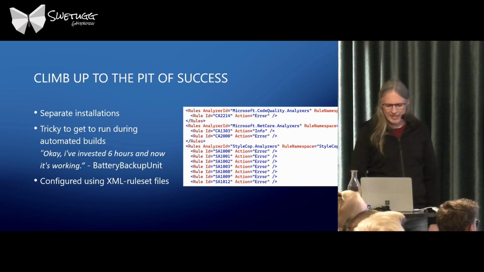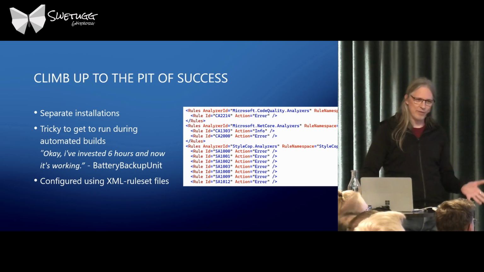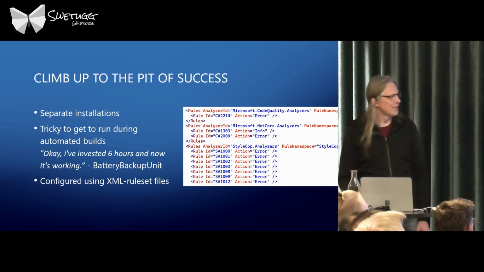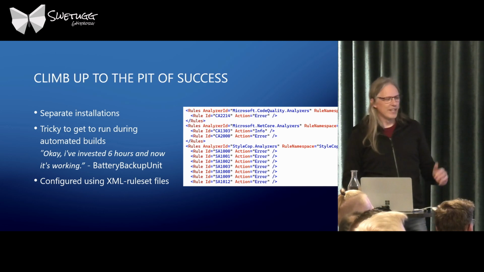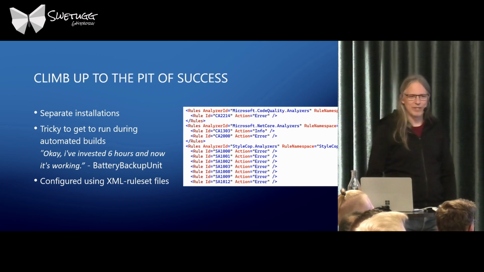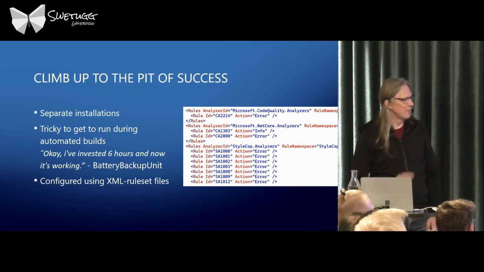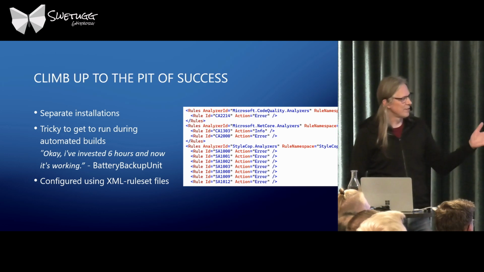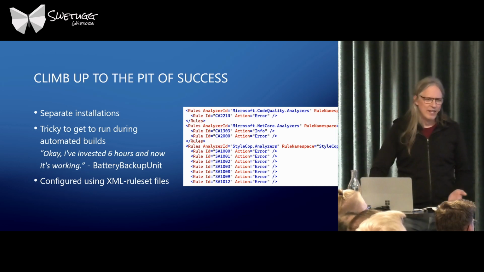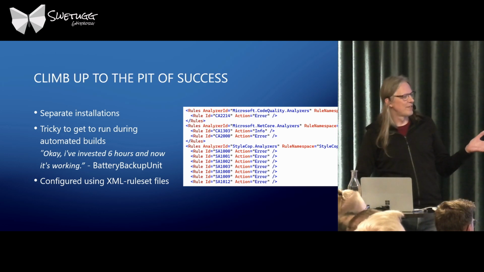It was tricky to get running during automated builds. It was possible. This is a quote off Stack Overflow from someone who tried to install FxCop 12, I think, and Visual Studio 2010 or something. It took 6 hours to get it working on a build server without Visual Studio, because you can always install Visual Studio. And it was using XML files for configuration.